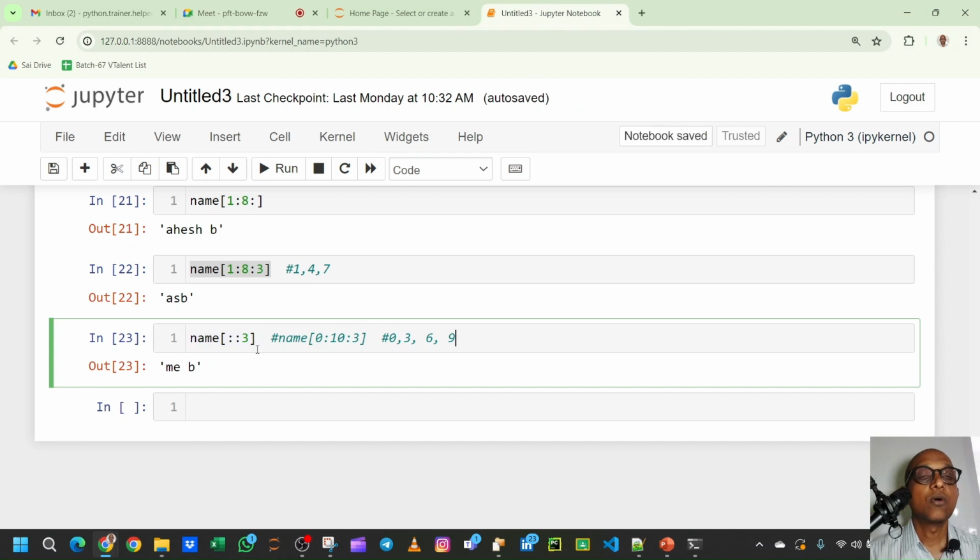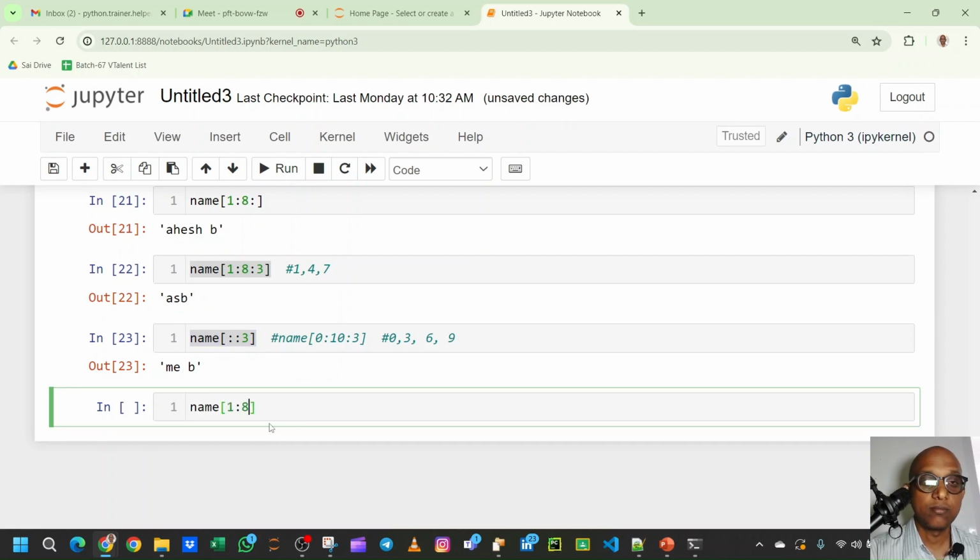Okay. So all three numbers are optional, or you can simply say something like this also. My starting index number is optional, so I am removing that. My ending index number is also optional, so I am removing that, and my incremental value is also optional, so I am removing that. This is also possible. So what does it mean? This basically means name of 0 colon 10 colon 1.